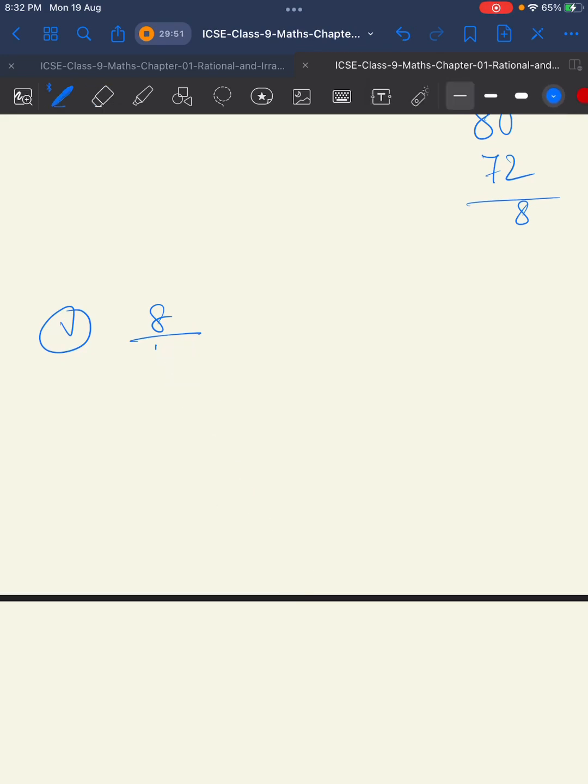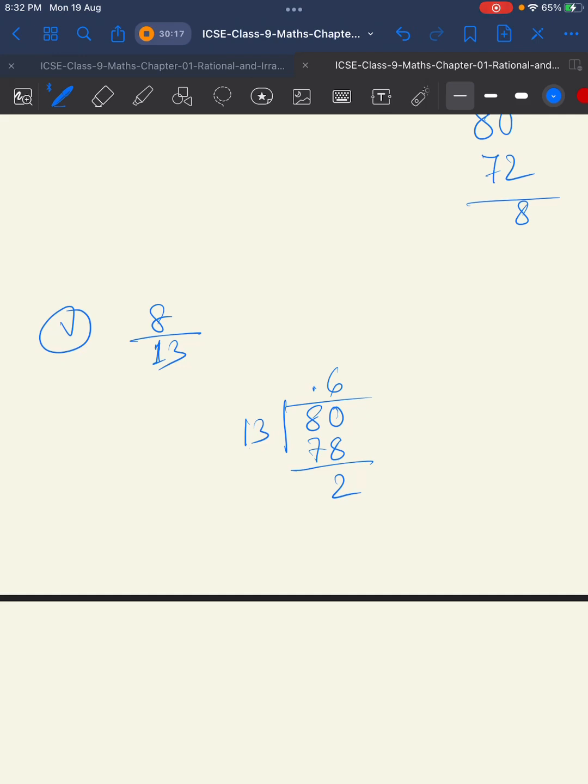Okay, now question number 5, 8 by 13. 8 divided by 13. Now 8 is lesser than 13, so here will be a point in the quotient, and here 0. Now 13 6s are 78.